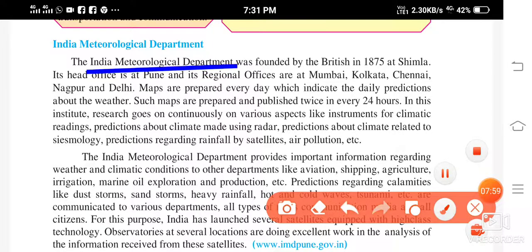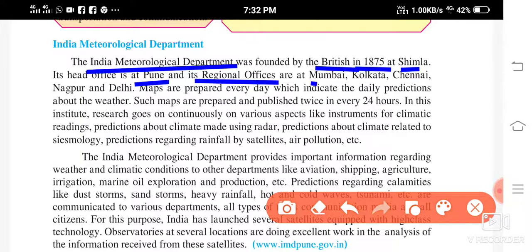Who founded it? The British, in 1875, at Shimla. Its head office is at Pune and its regional offices are at Mumbai, Kolkata, Chennai, Nagpur and Delhi.